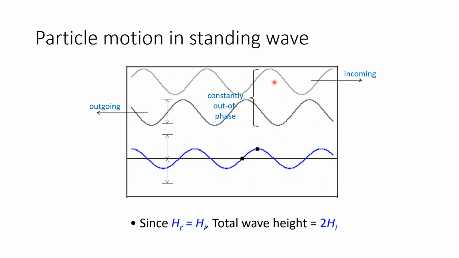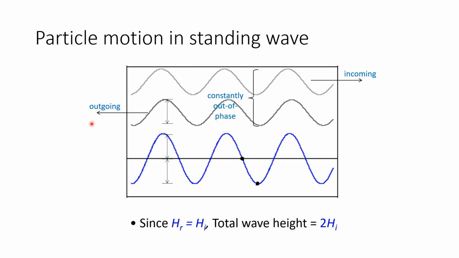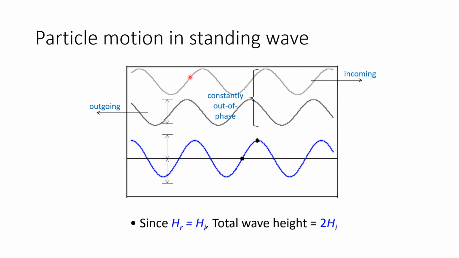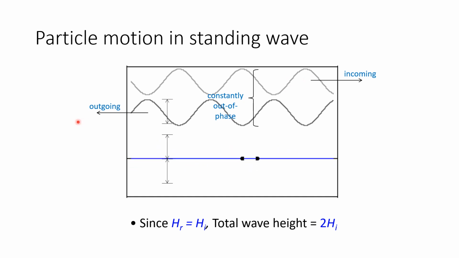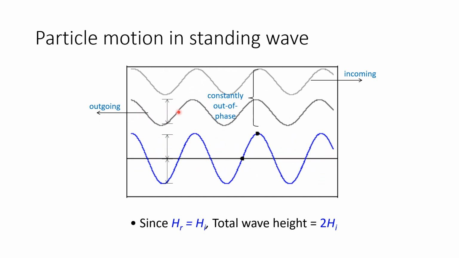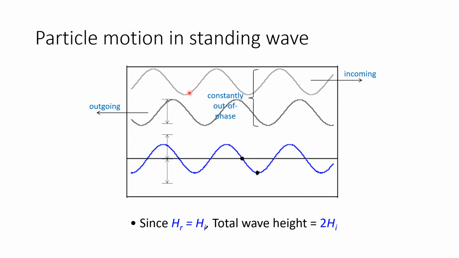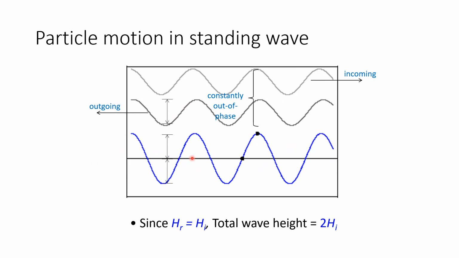As this incoming wave hits the barrier, it produces this outgoing wave, the reflected wave. In this particular case, the incoming and outgoing waves are completely out of phase by 90 degrees, and as a result, the superposition of these two sets of waves produces this standing wave pattern.